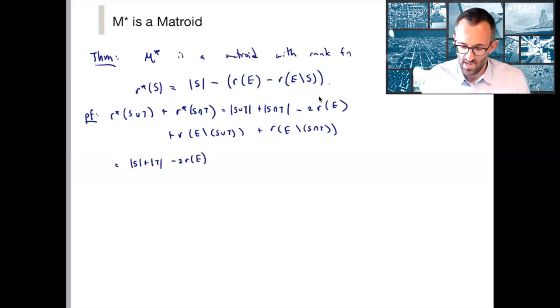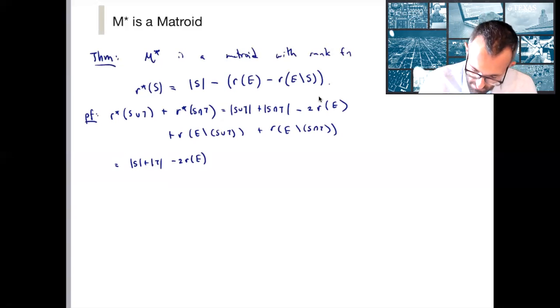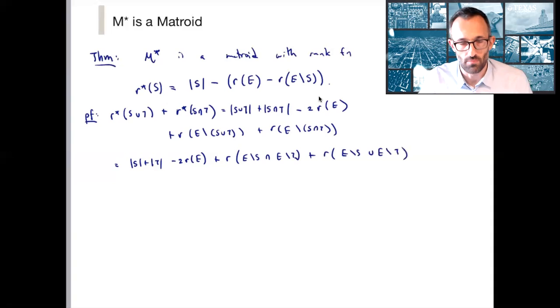That doesn't change. Now essentially this is a simple application of something like De Morgan. I add the rank of E minus S intersected with E minus T, plus the rank of E minus S union E minus T. I'm writing term by term here. But now I have this relationship of intersection and union on the rank function R. We assume that R is the rank function of the matroid M, and therefore it's submodular.